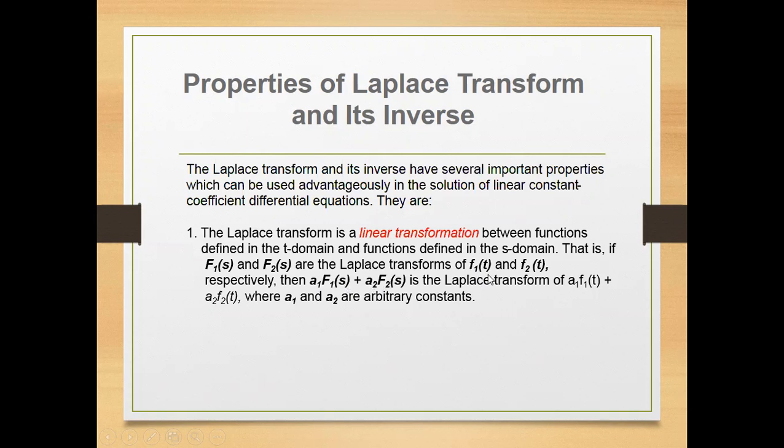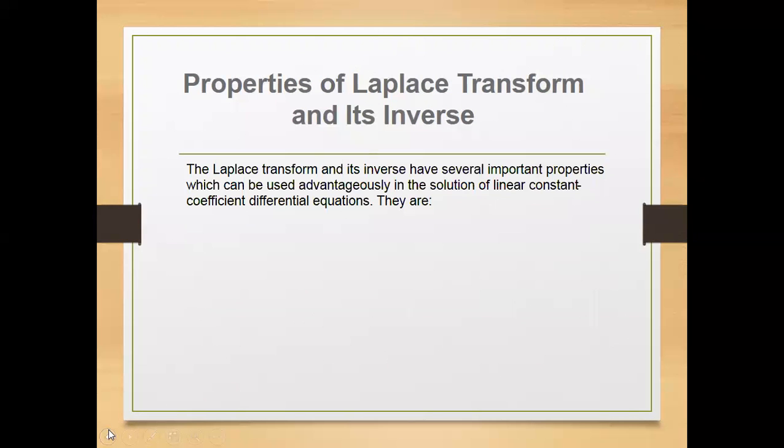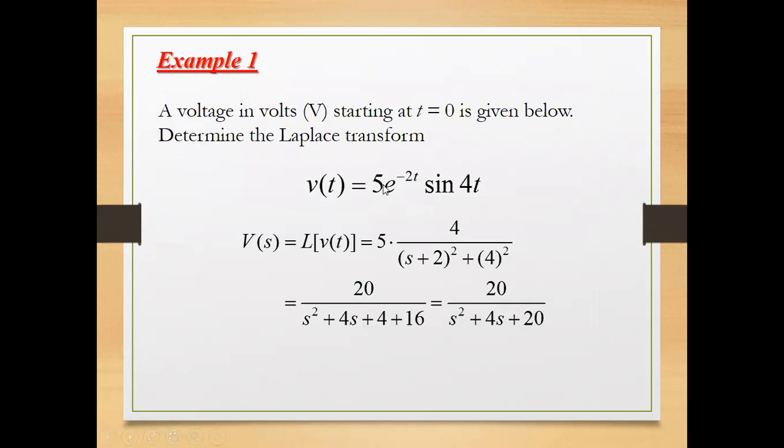Example, your f1 of t here and your f2 of t are your functions which you need to transform. If these two functions are pre-multiplied by constants a1 and a2, then their corresponding Laplace transformation will be comprising of the two constants multiplied to the corresponding Laplace transform of these two. That's what we have done in the case of this example. The constant 5 was set aside and we processed the Laplace transform of these two, giving us this.